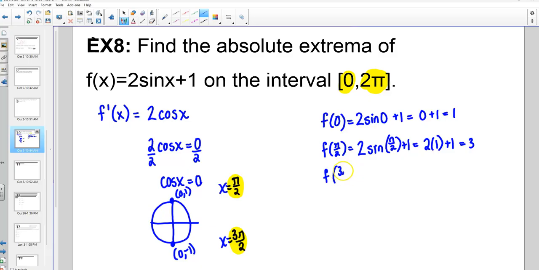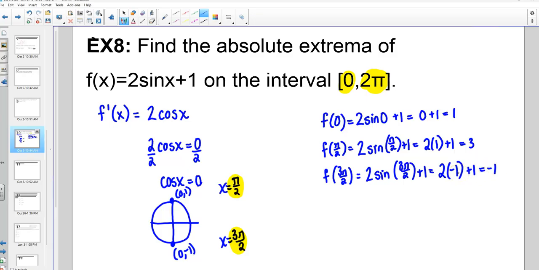We got 3 pi over 2. So 2 sine of 3 pi over 2 plus 1. What is the sine of 3 pi over 2? Negative 1. So we get negative 1 right there.